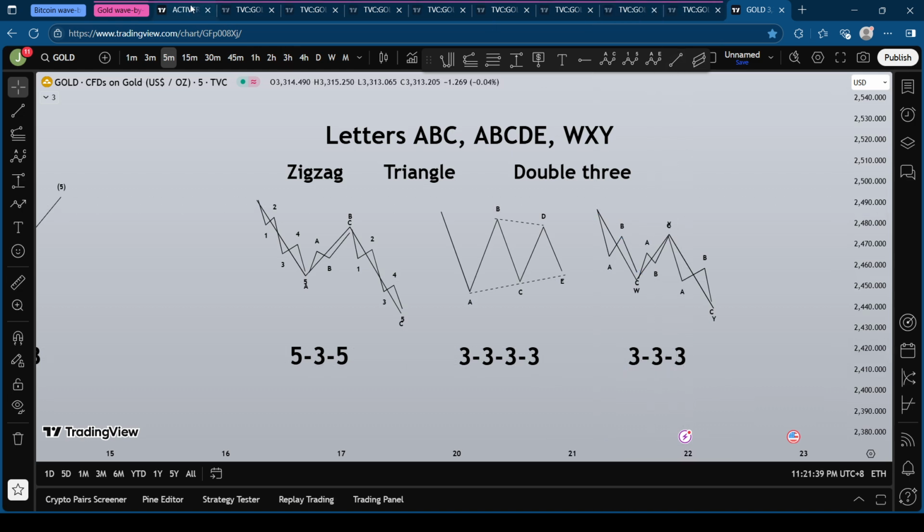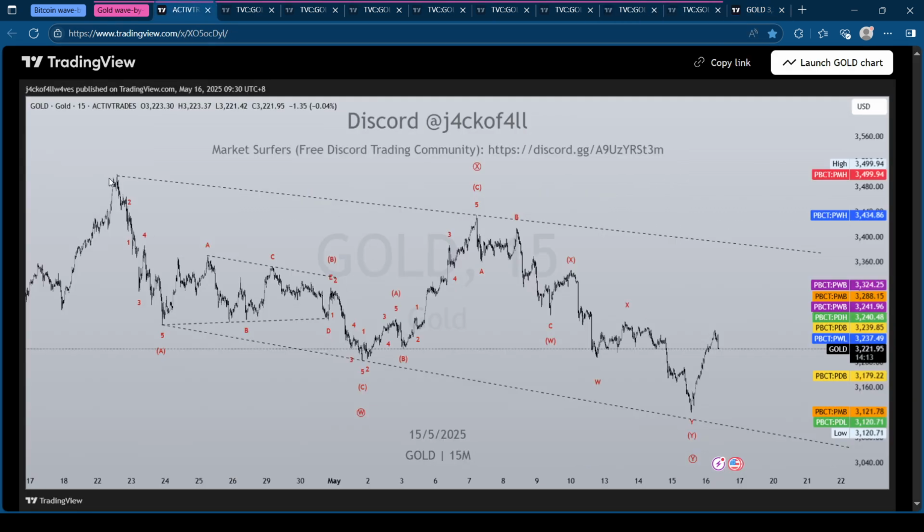So going back here, the first wave is composed of 5 waves, but this particular 5 waves here is considered a diagonal. Diagonal, 3-3-3 counts. You can check the YouTube video about this one. It was explained there in detail.